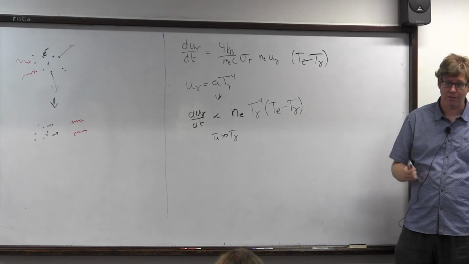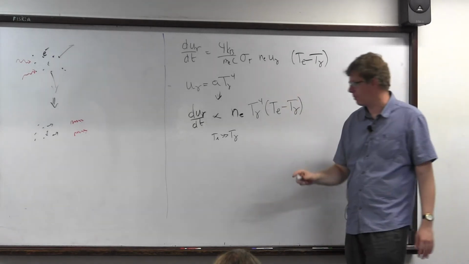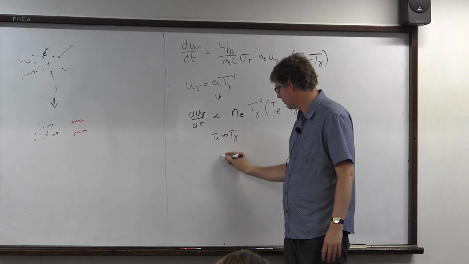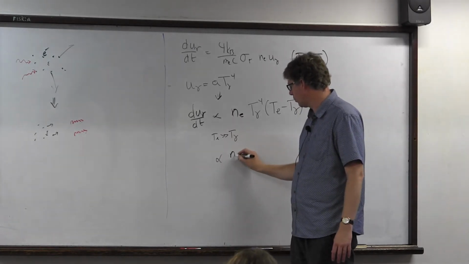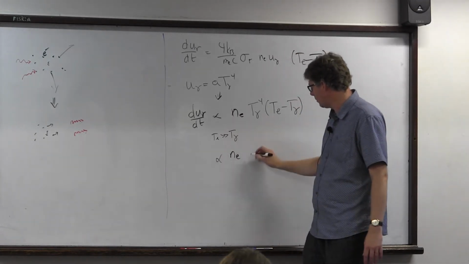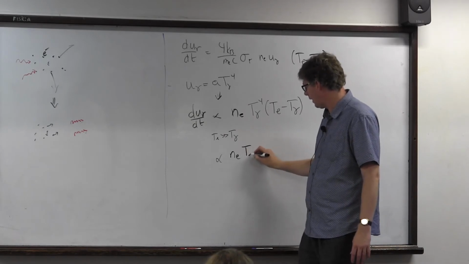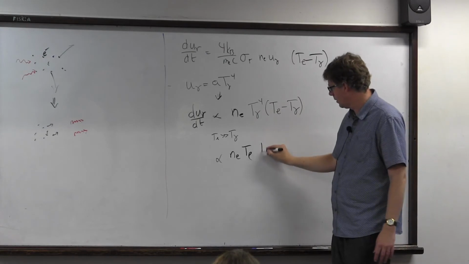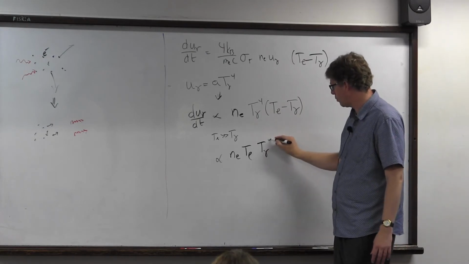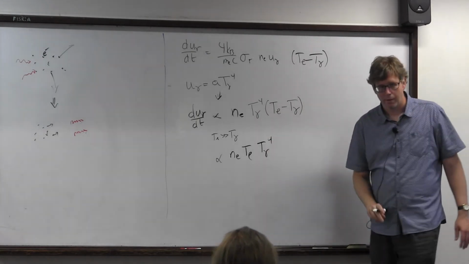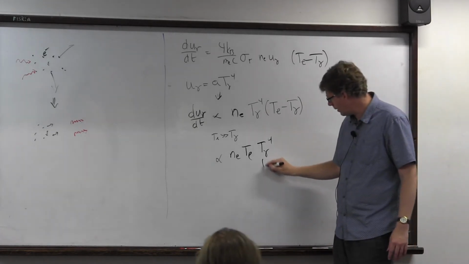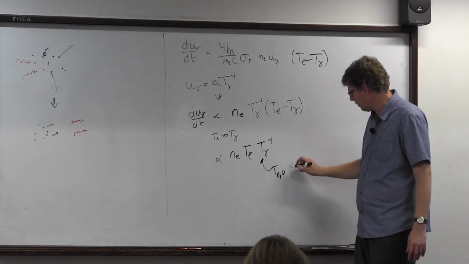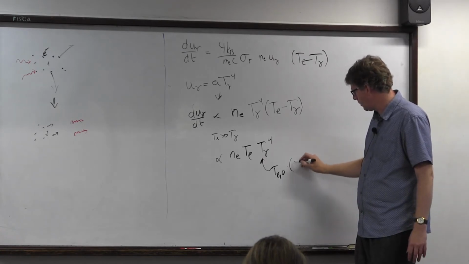In other situations, this differs, of course, depending on the physical conditions. In that case, this is proportional to the electron density, electron temperature, and this still remains, okay? And the photon temperature to the 4th power. And this temperature here, that's the temperature today, 2.73 Kelvin, times 1 plus z.